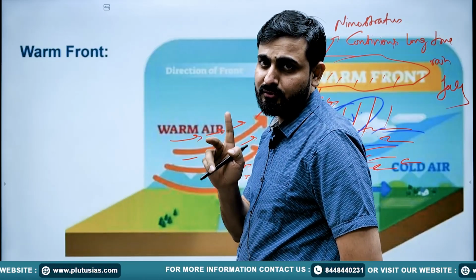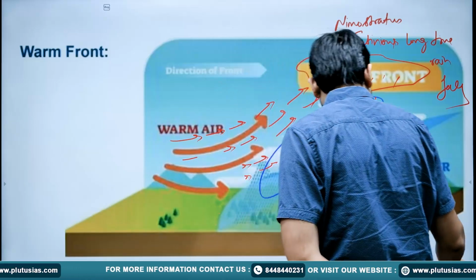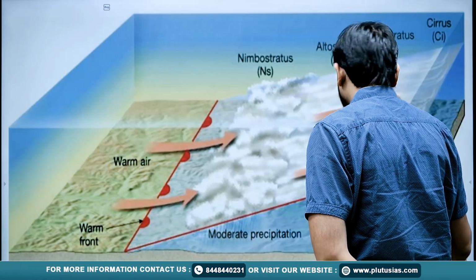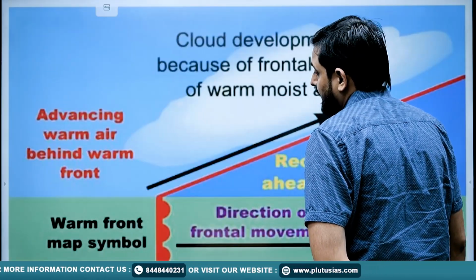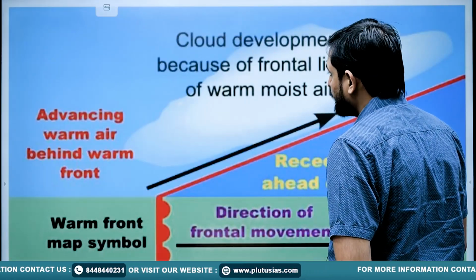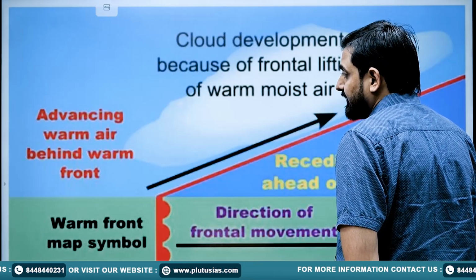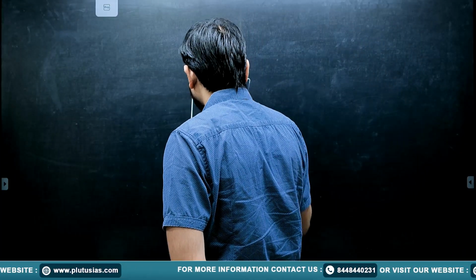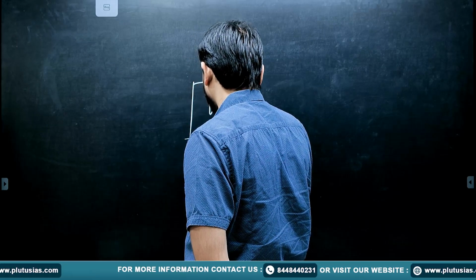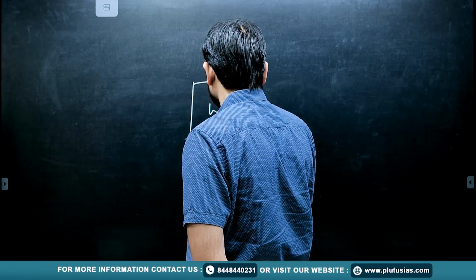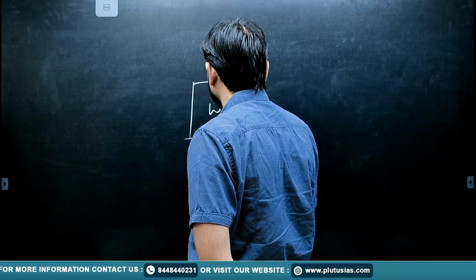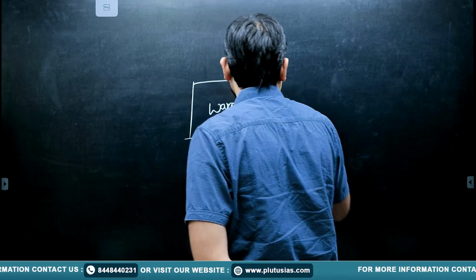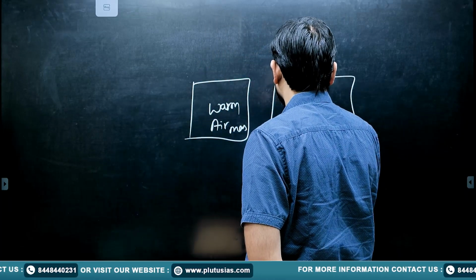We discussed two, the cold front and the warm front. Now, suppose two air masses, warm and cold, are moving towards each other and neither air mass is able to replace the other. Suppose this is the warm air mass, and suppose this is the cold air mass.